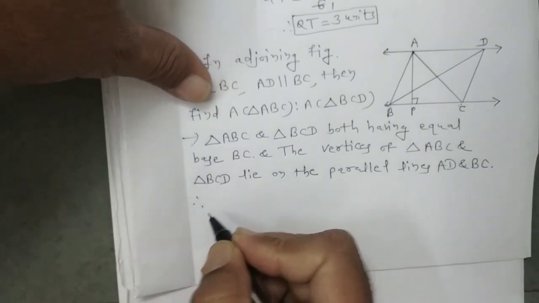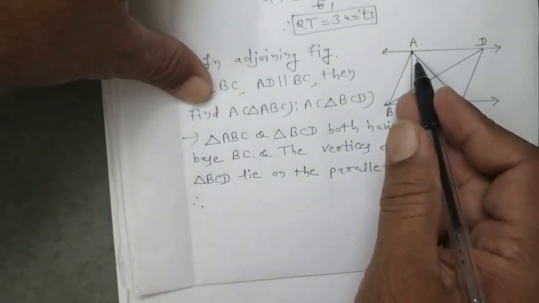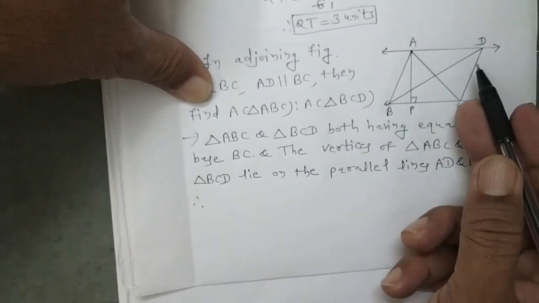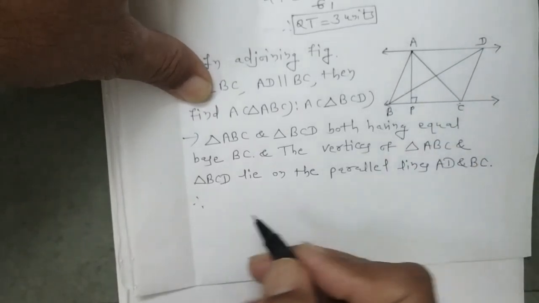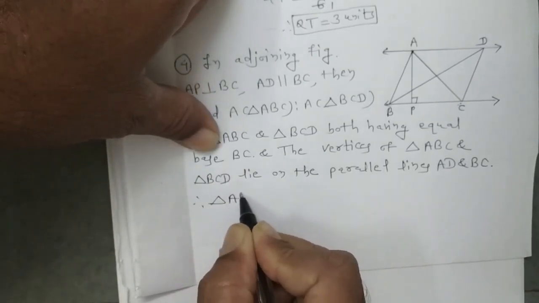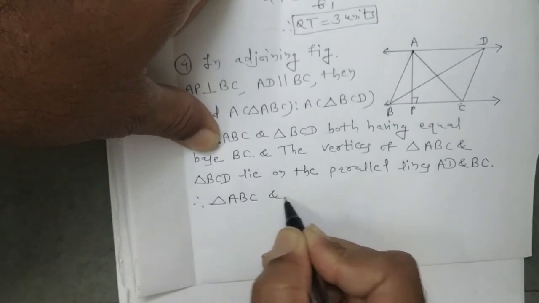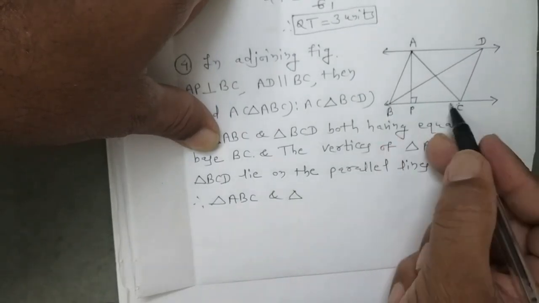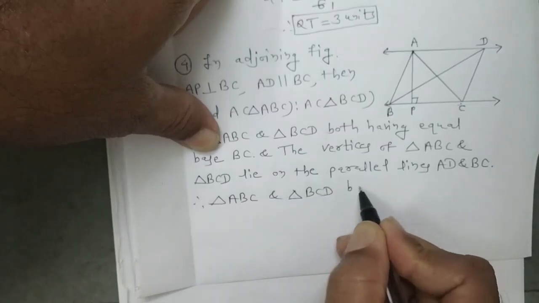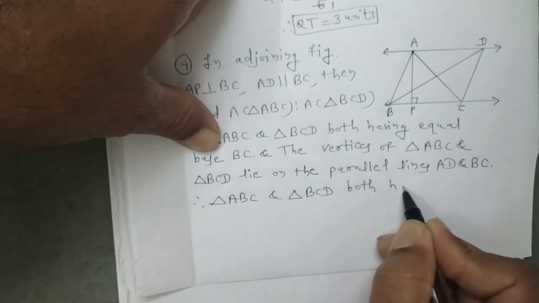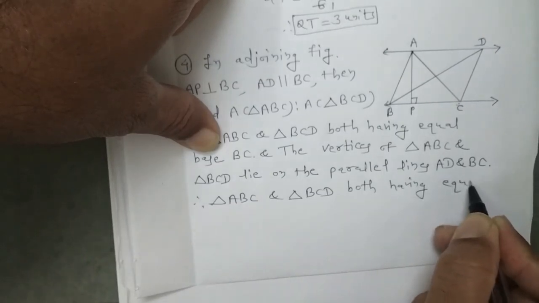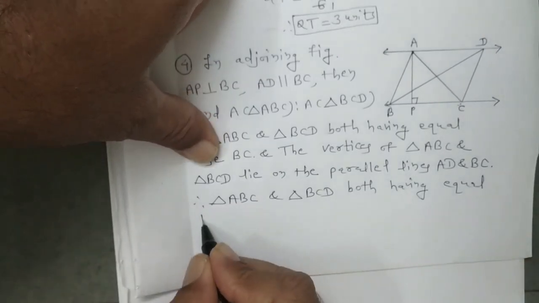Therefore, these two lines are parallel. Therefore, triangle ABC and triangle BCD both having equal height.